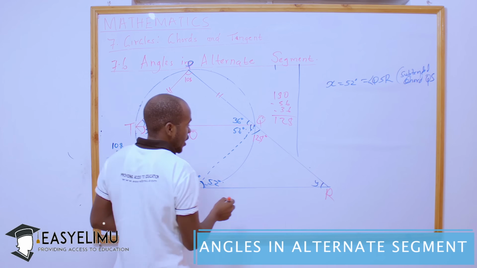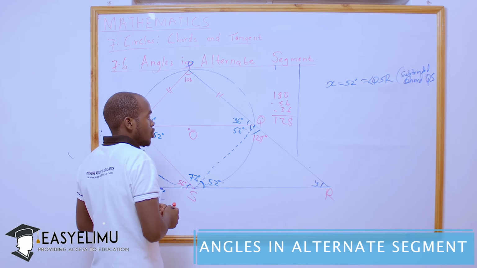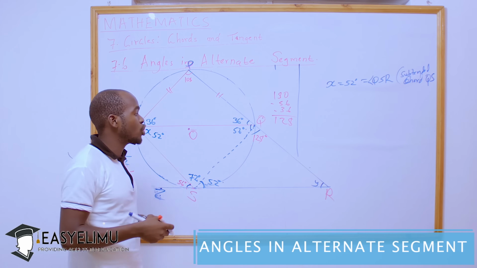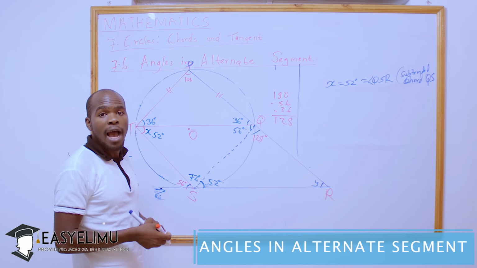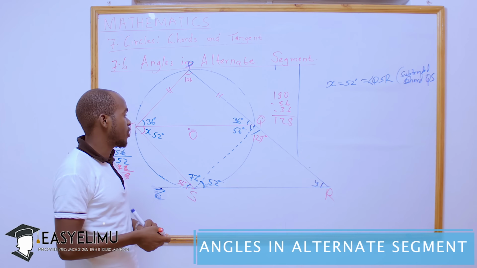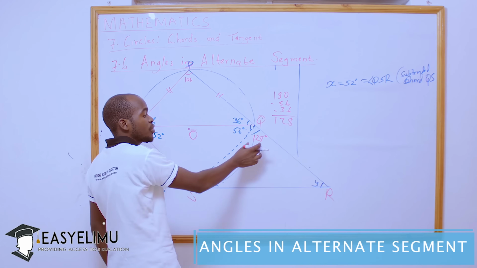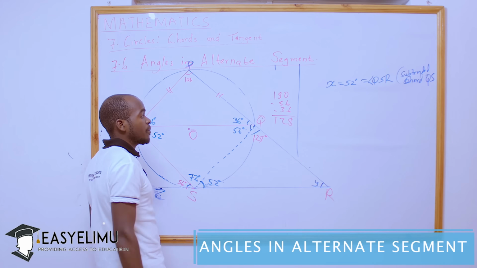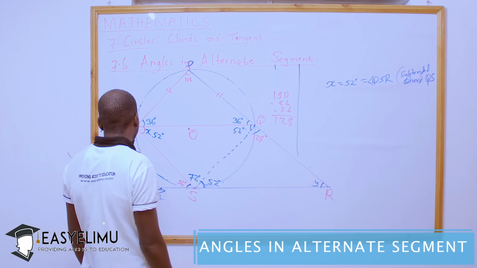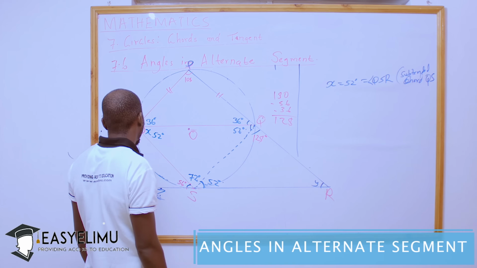Now to find y, you are required to take 180 degrees, as the total angles in a triangle always add up to 180 degrees. So if you take 180 degrees, subtract 128 and also subtract 52, we shall find y.